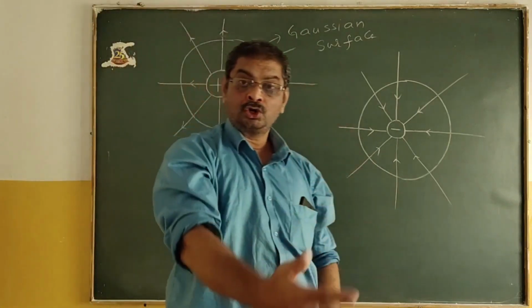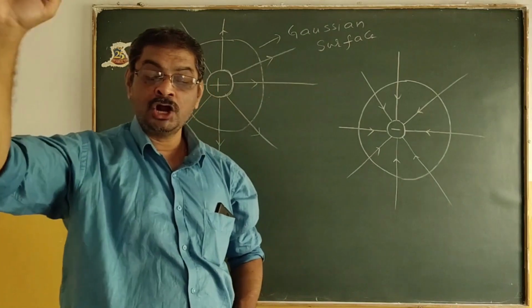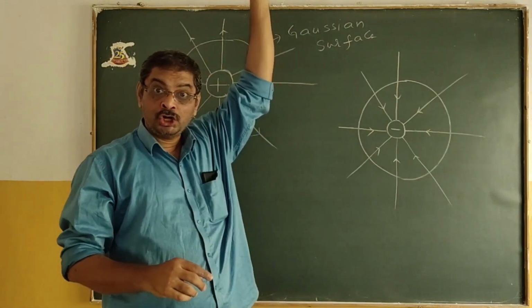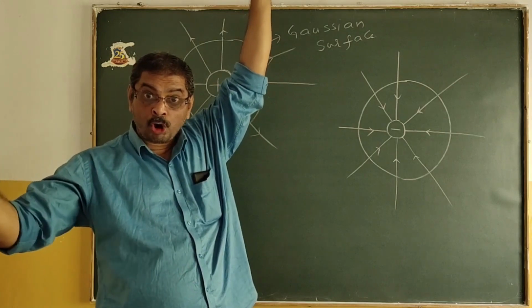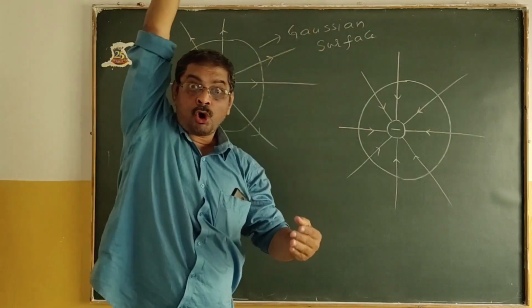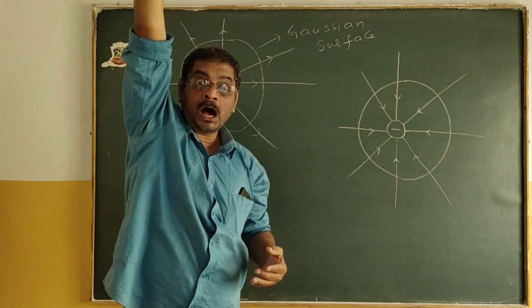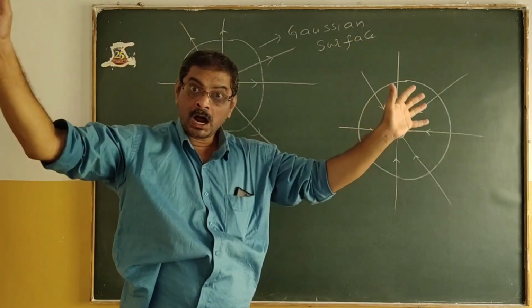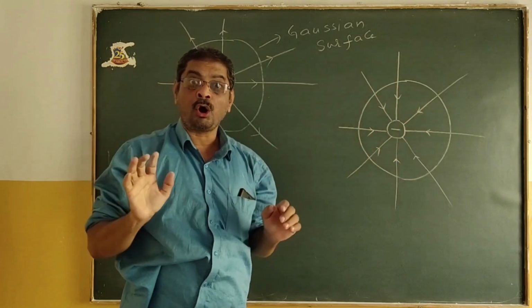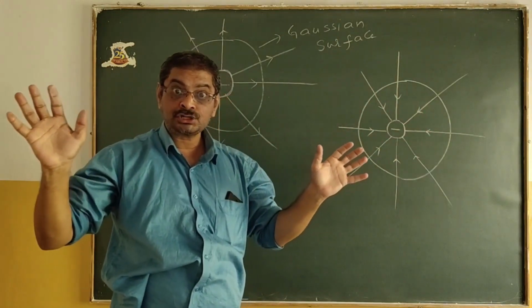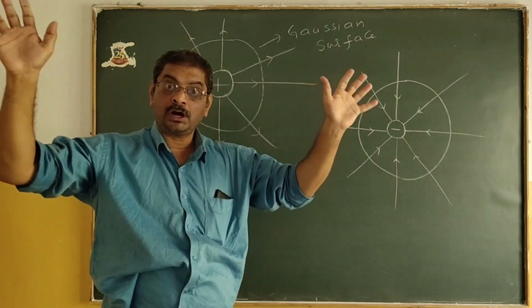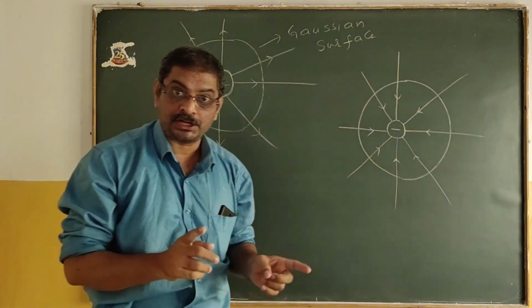Once again, remember this very simple thing. Due to the positive charge, all the lines of force will be radially outward, diverging from the Gaussian surface.